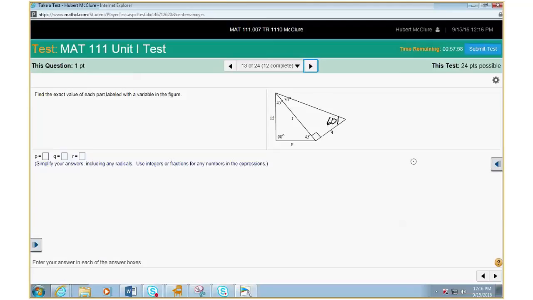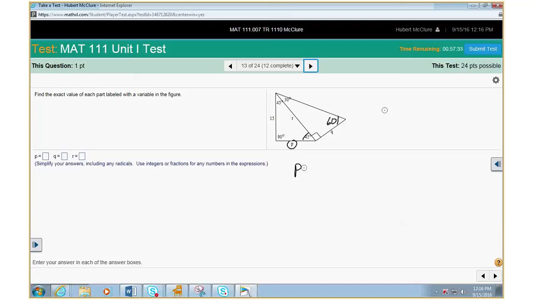So we have a distance right here. So put your little man right here and say that's opposite over adjacent. So that's going to be the tangent. I'm trying to find P right here.